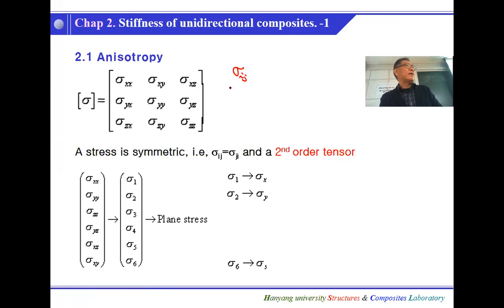Nowadays, there's not much discussion on the tensor notation, but in my opinion, tensor notation is so important, not only in understanding physical meaning, but also in programming. So we need to briefly understand the meaning and symbols for the tensor notation. So sigma ij, we can say, is a second order tensor.